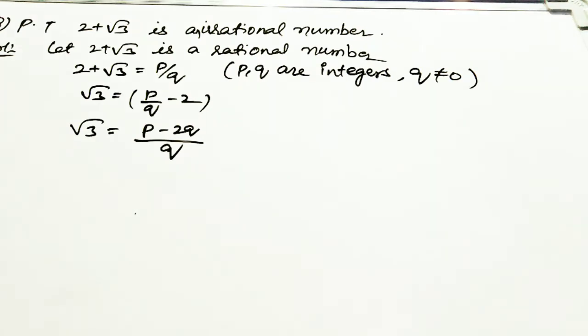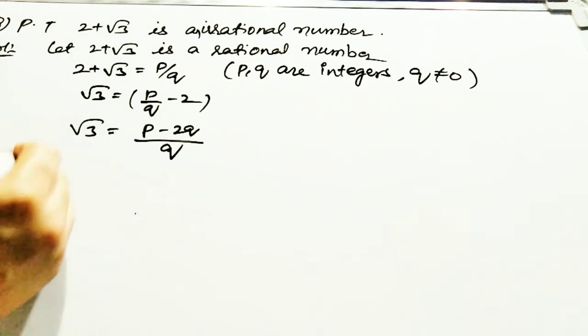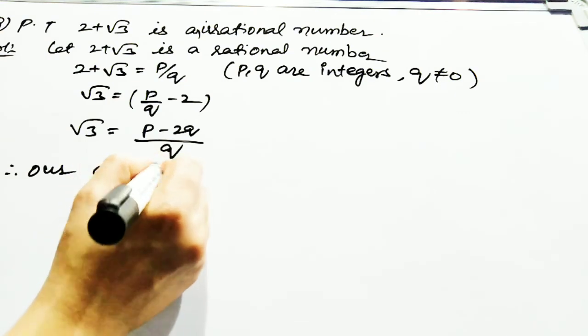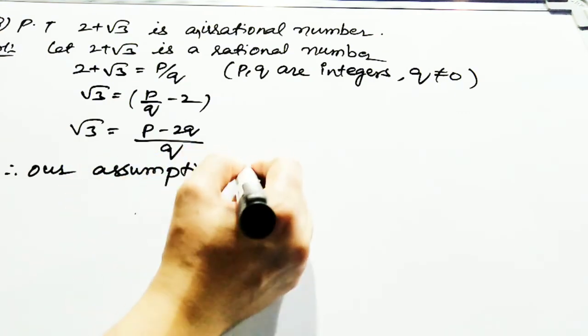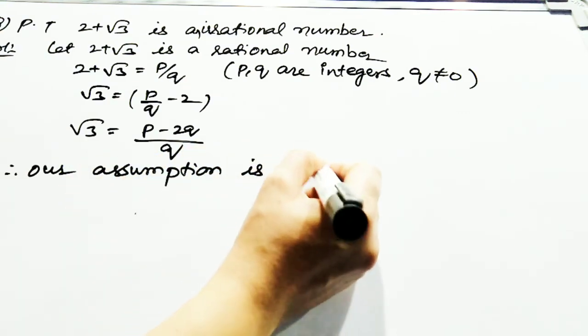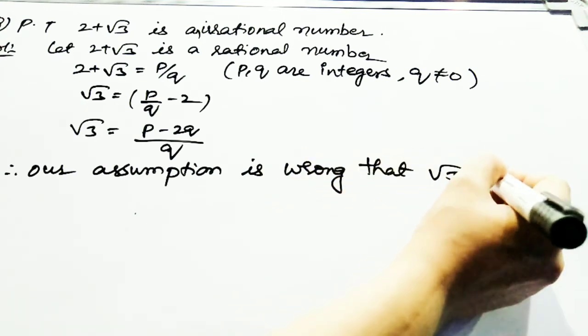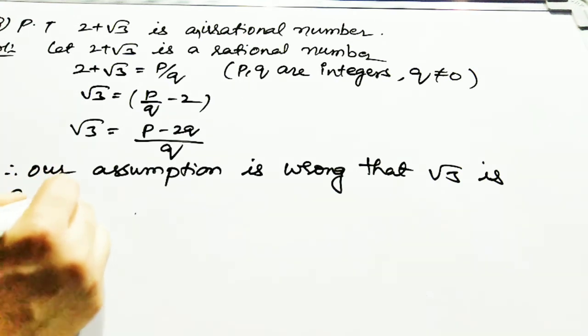So our assumption is wrong that root 3 is a rational number.